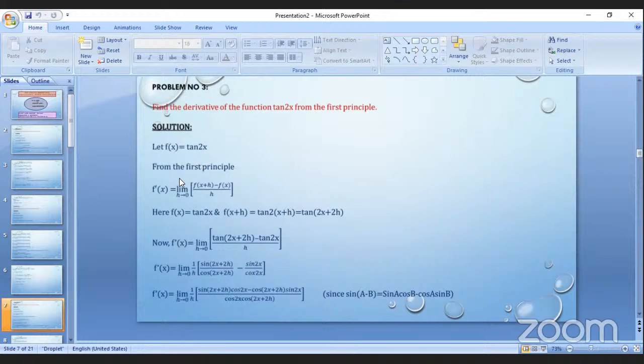Now using the first principle, f'(x) equals limit h tends to 0, [f(x plus h) minus f(x)] by h.